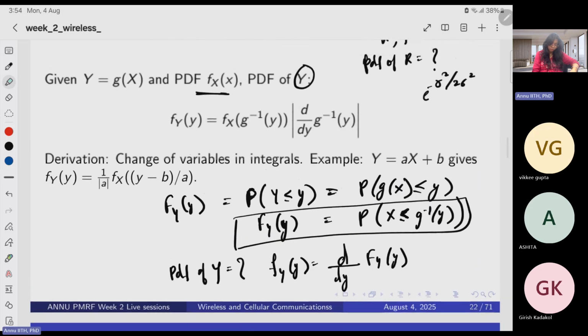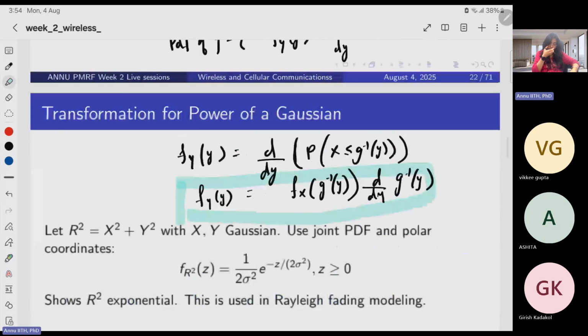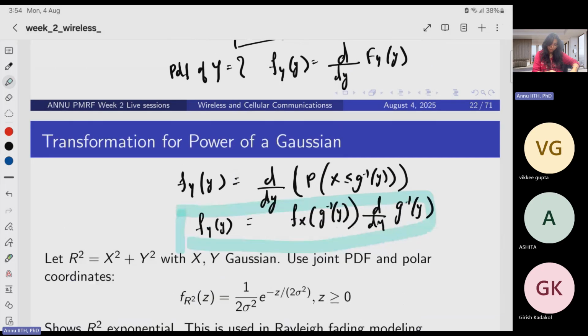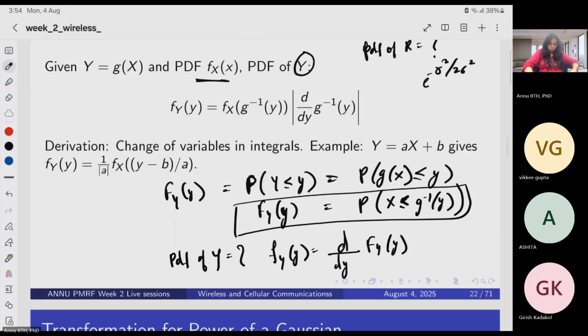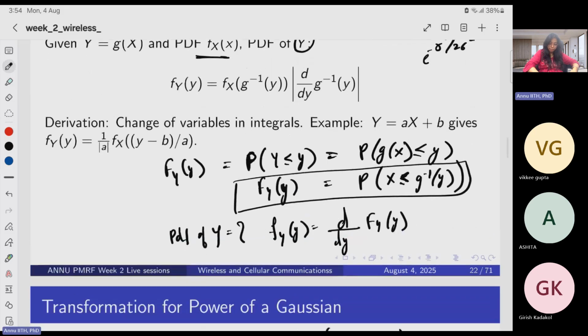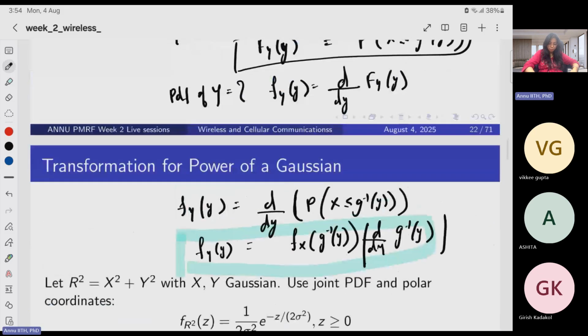Since we are taking only positive values, a random variable cannot hold a negative value, so the modulus function is there. I hope this derivation is clear, simple.